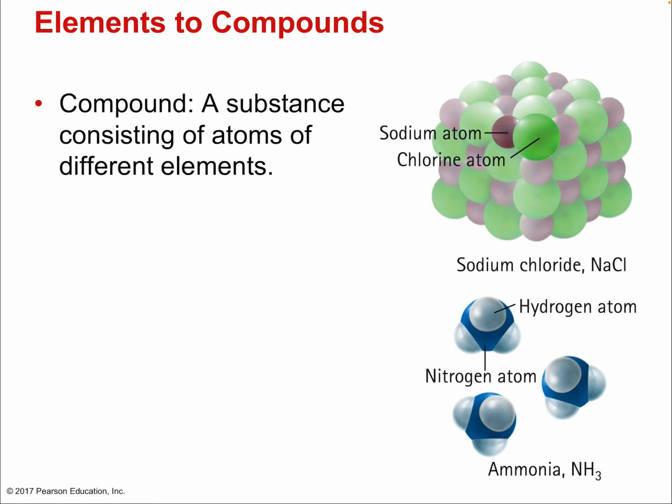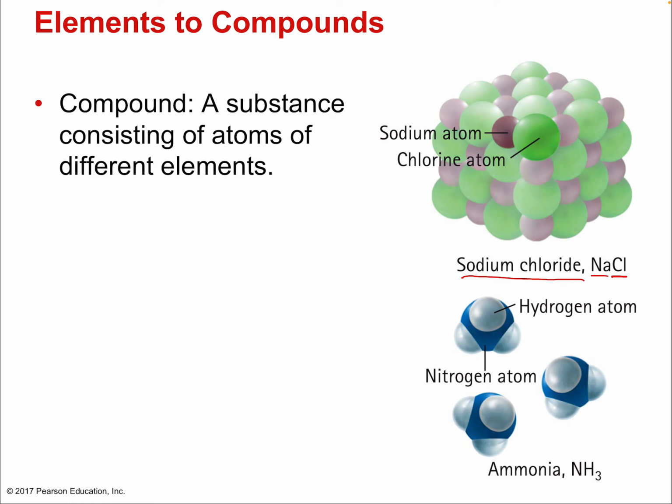All right. So a compound is a substance consisting of atoms of different elements, okay? So for example, if you have a sodium atom and a chlorine atom, that forms a compound, all right? Sodium chloride, which is what that compound is called, is represented by Na, the letter from the periodic table for sodium, and chlorine, Cl, again just the shorthand for chlorine from the periodic table.